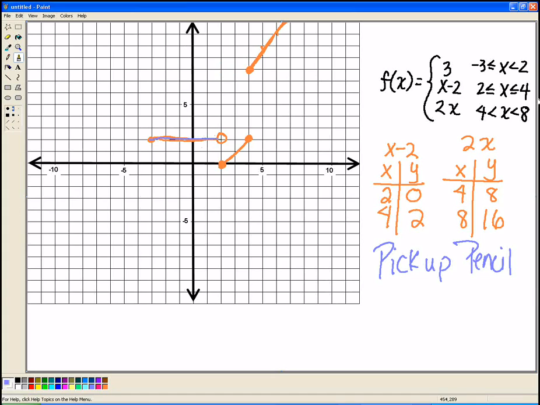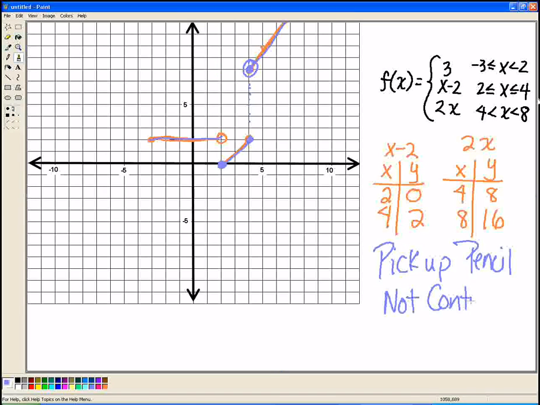Here at x equals 2, in order to continue to trace, I have to pick up my pencil and jump down here to y equals 0. Then I can trace. And now to finish my tracing, I have to pick up my pencil and move up here and trace. So the fact that I had to pick up my pencil, this should actually be an open circle, means that it is not continuous.